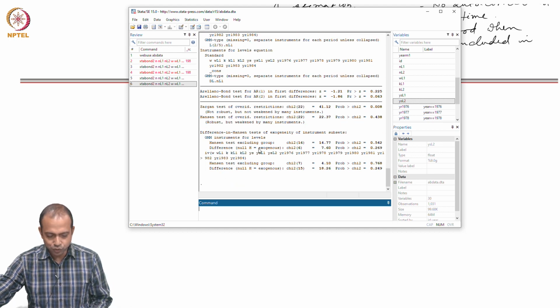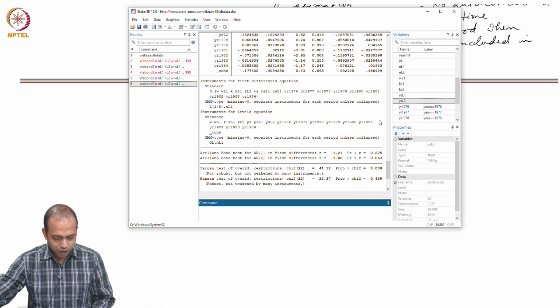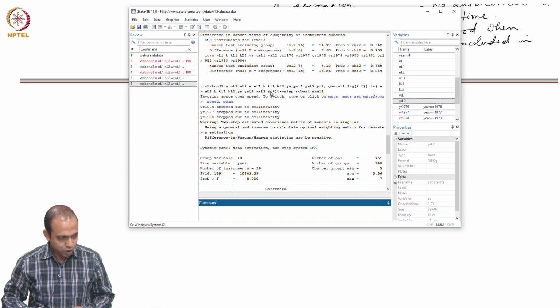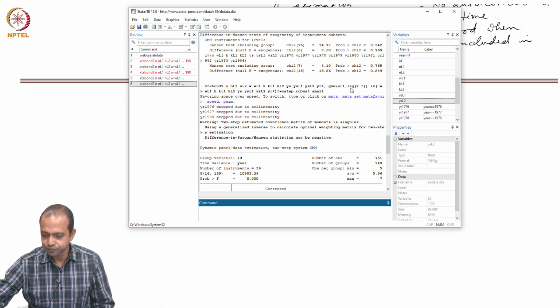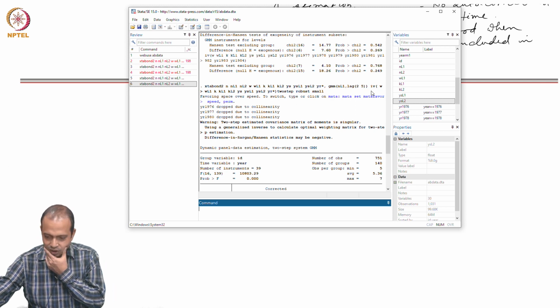So let us say I am estimating this command, xt on n, nl1, and let me take nl2 also.